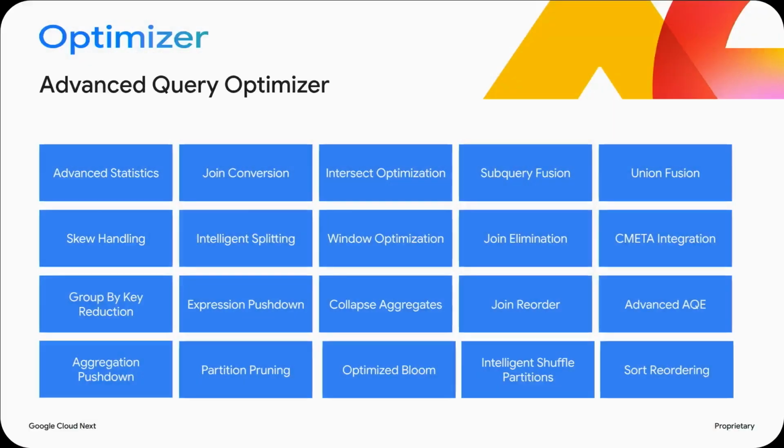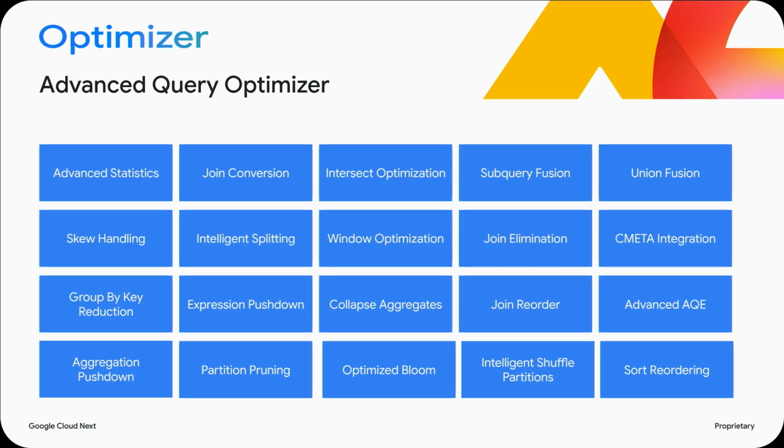Quickly talking about the optimizer. As I called out earlier, we have developed a state-of-the-art query optimizer, which is cost-based and inspired from F1 and Spanner. Statistics is the heart of the optimizer. So we have developed multiple sources of statistics. First, we fetch statistics from the file listing. Second, we fetch statistics from your historical runs. Most of the customers are doing recurring runs, and we collect the statistics that can be used for further optimizations.